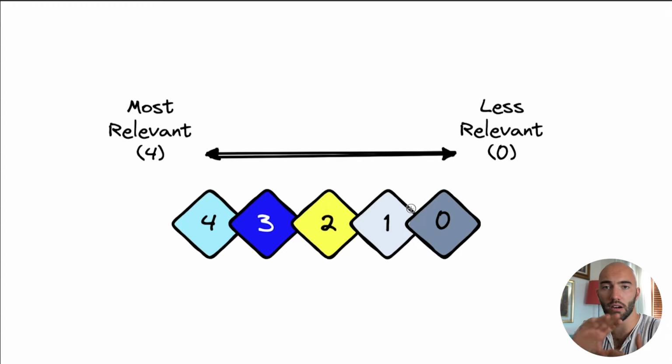And they are assigned from a scale. The scale can vary. We're going to use 0 to 4 in this example. They are assigned a value of 0, which is less relevant, up to 4, which is the most relevant that an item can be for a particular query.